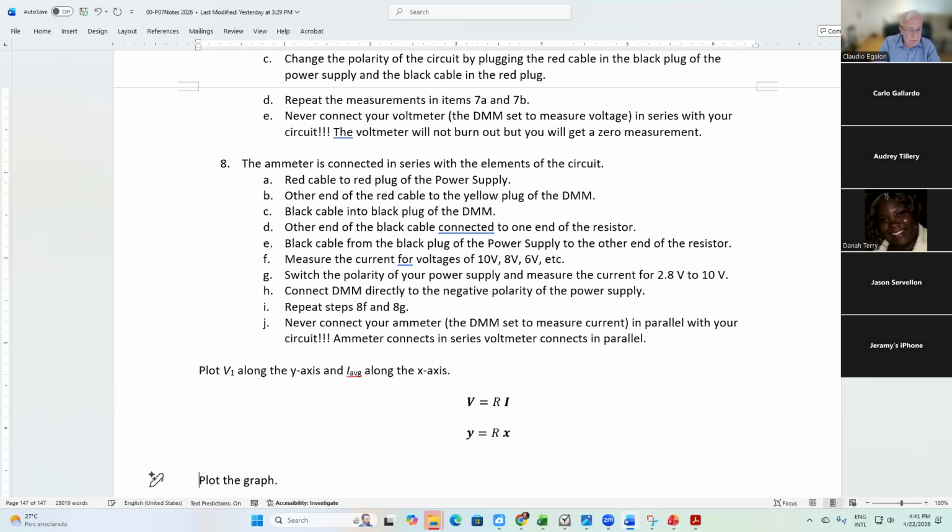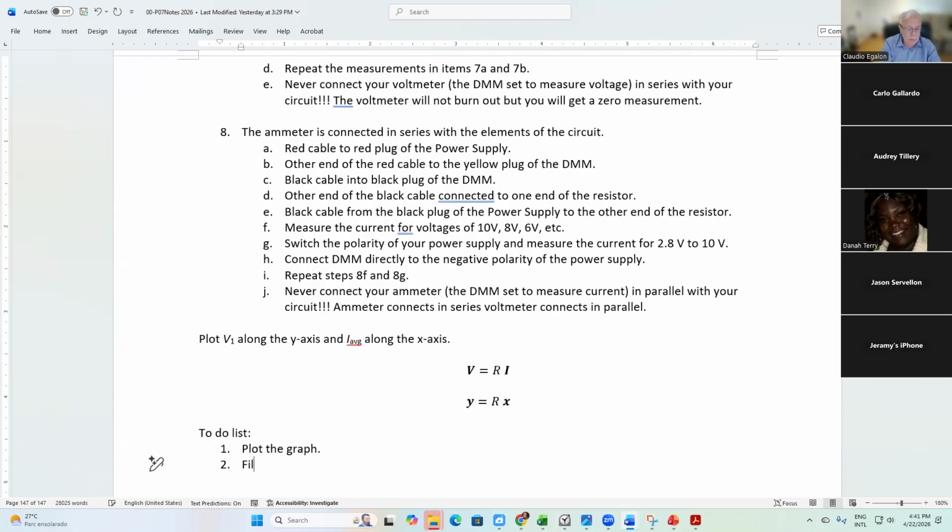To-do list. 1, plot the graph. 2, fill up the units. 3, work on the significant figures, sig figs. And then I'm going to elaborate here.